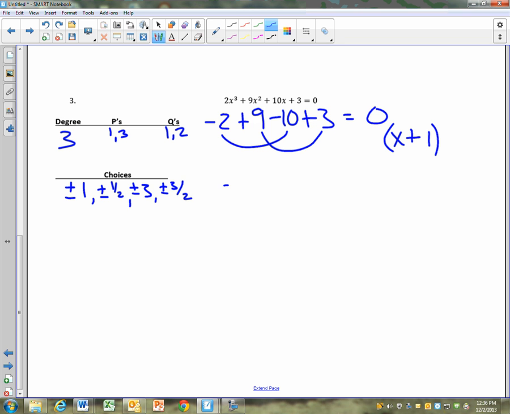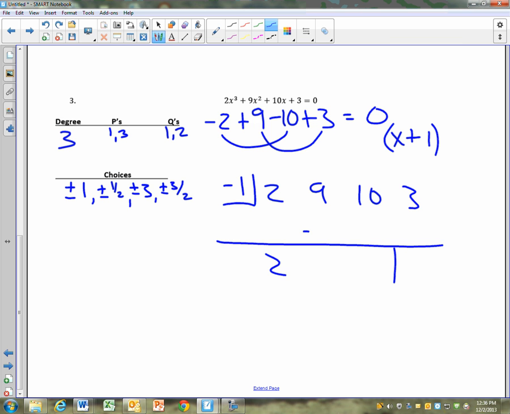So I'm going to use my synthetic division. Drop my 2, multiply. And you got it. X plus 1 times 2x squared plus 7x plus 3.